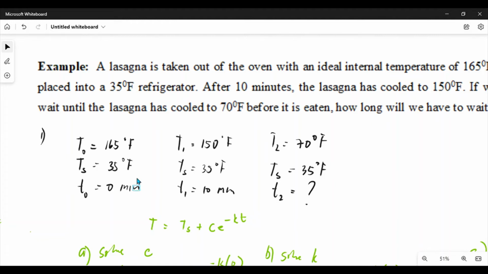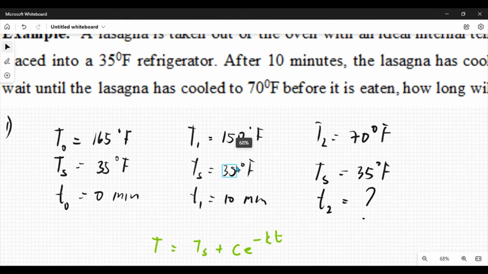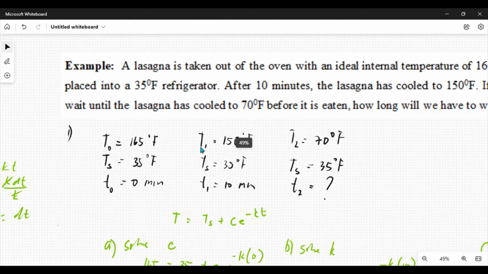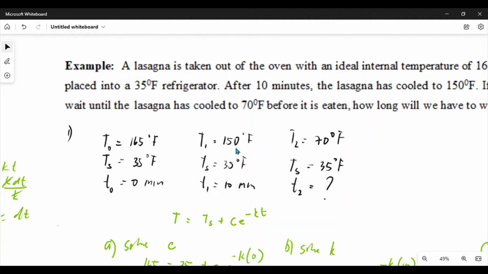Then we need a second set of data. Our T sub 1, after placing the lasagna inside the refrigerator, at the end of 10 minutes it is cooled down to 150 degrees Fahrenheit.